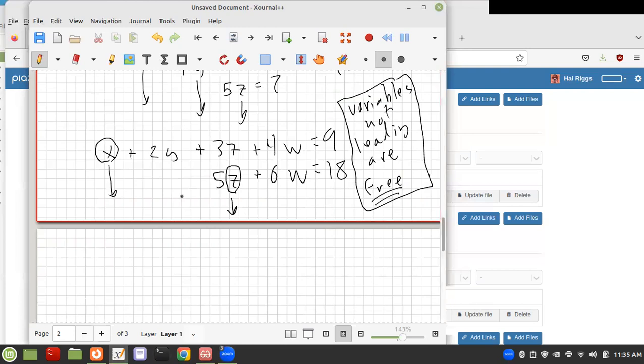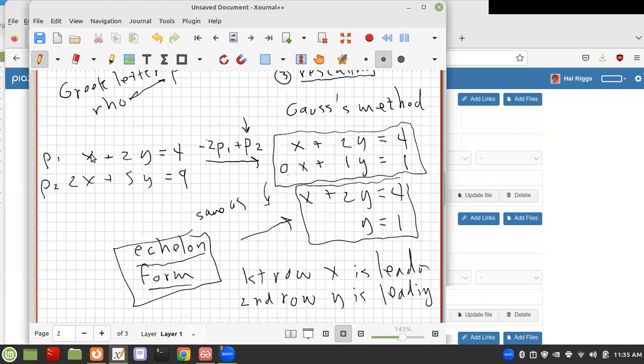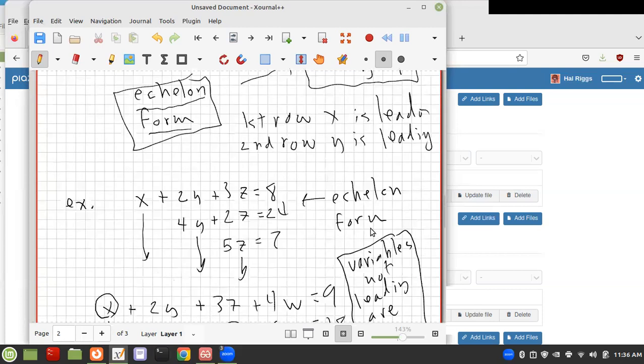Now, free variables and leading variables only apply in row echelon form. You could look up here and say, well, X is leading and X is leading here, but that just means it's not an echelon form. If you want to identify which variables are actually leading, you want to go to echelon form and then say, okay, X is leading and Y is leading. It's an echelon form. All the variables are leading.